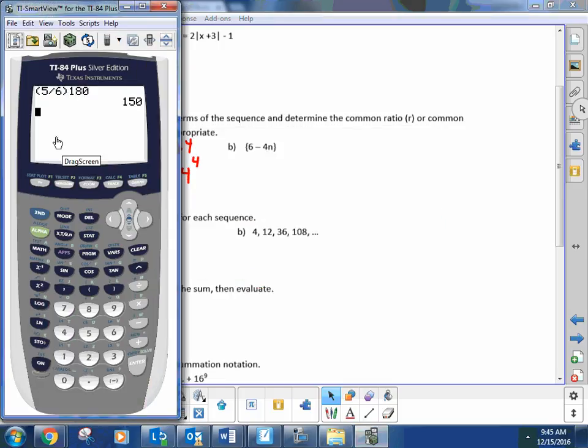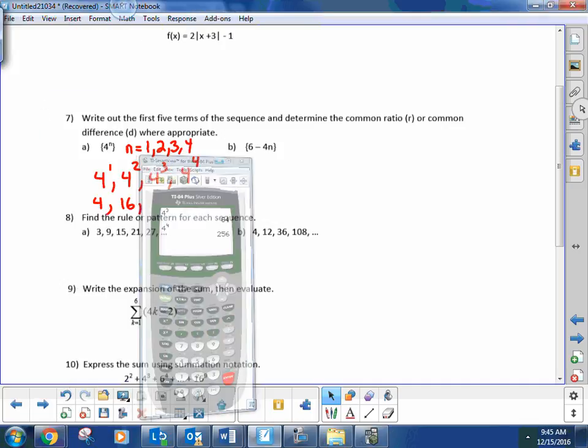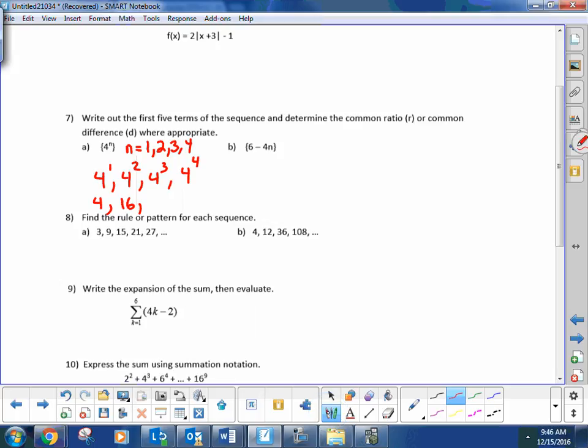All right, so now I love the fact that we could just go ahead and do 4 cubed and discover 64. And then 4 to the 4th, because that's another one I'm going to need, 256. So I have the benefit of having the first 4 terms.